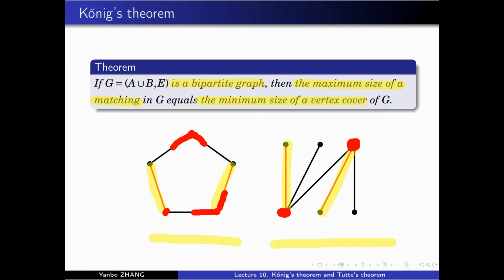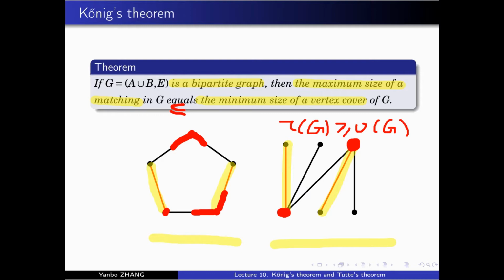Actually, it's easy to see that the size of a minimum cover is greater than or equal to the size of a maximum matching. We have proved this result, which is tau G greater than or equal to nu G. Because a vertex cover needs to cover every edge of the graph, so it covers every edge in the matching.